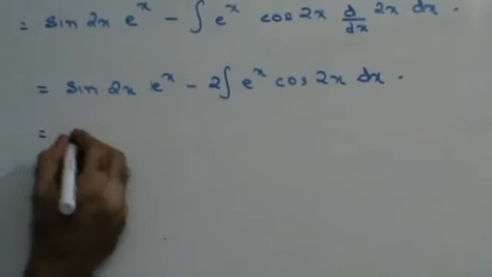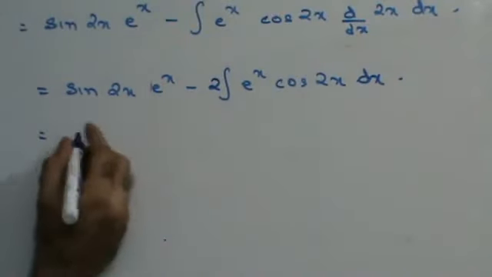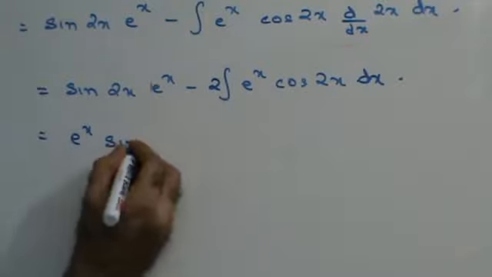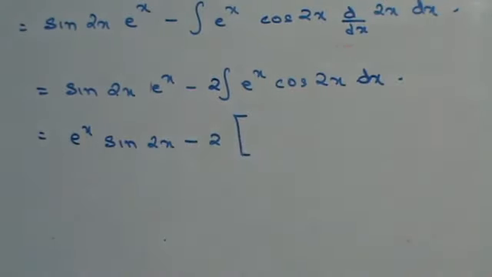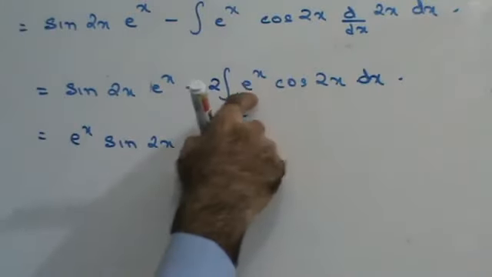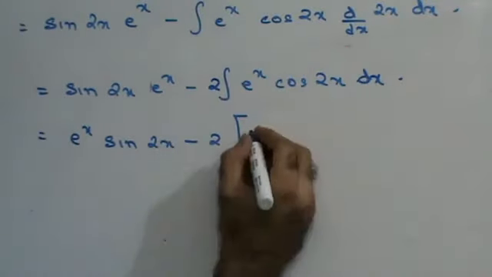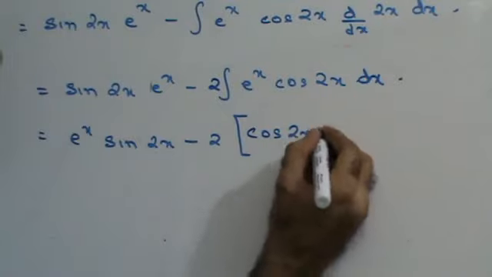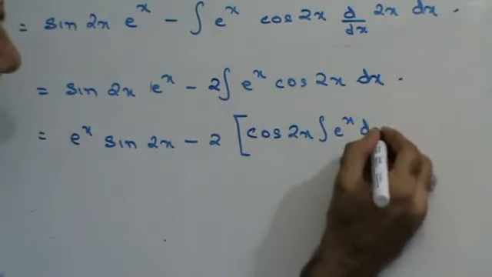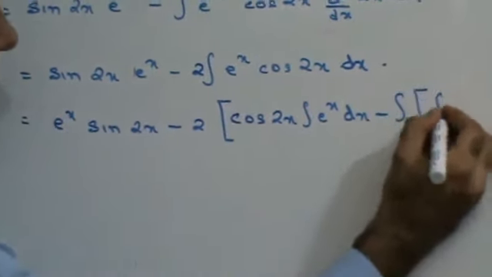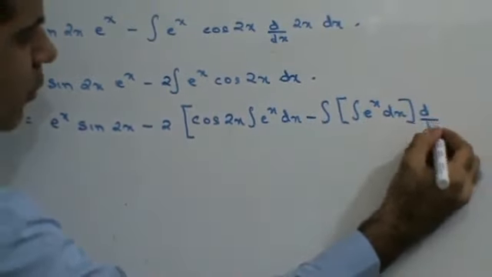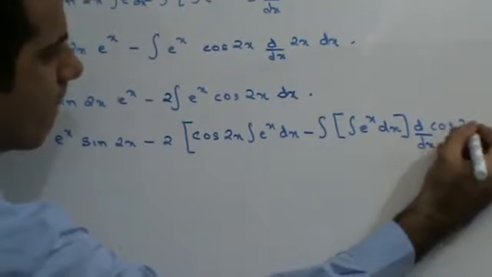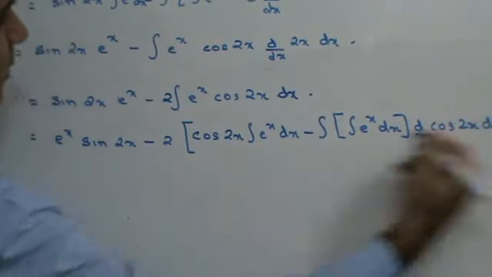Now again I can apply by parts. This is nothing but e raised to x sin 2x minus 2 times the integral. Apply by parts here. Cos 2x will be the u term, e raised to x will be the v term. So this is u integral of v minus integral of v into derivative of u dx.